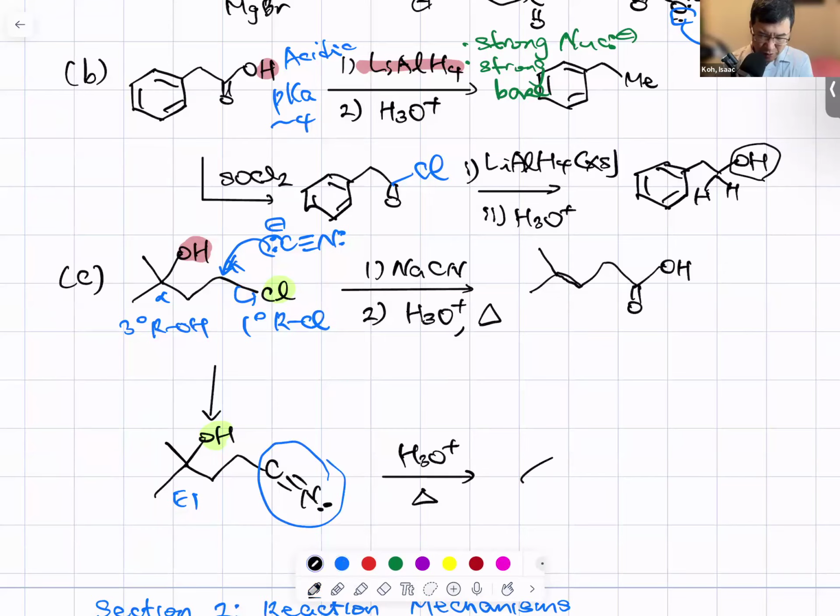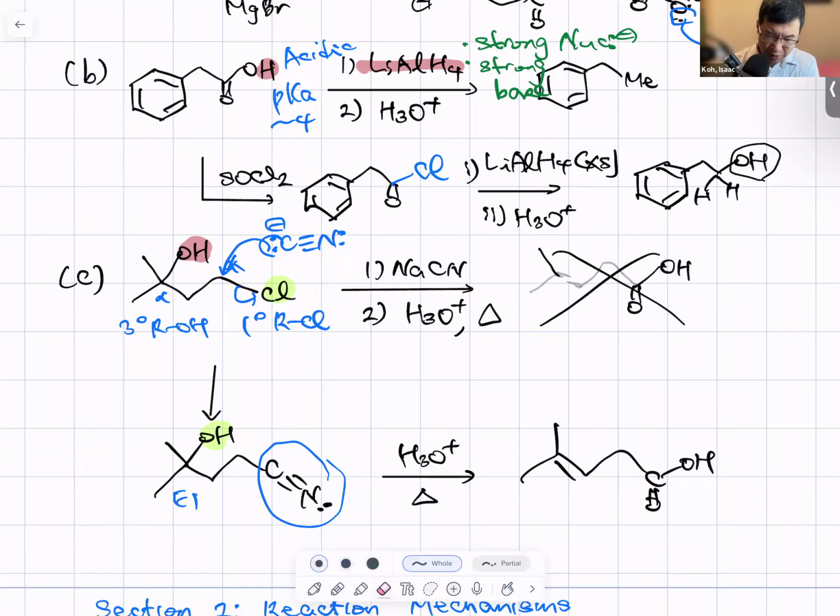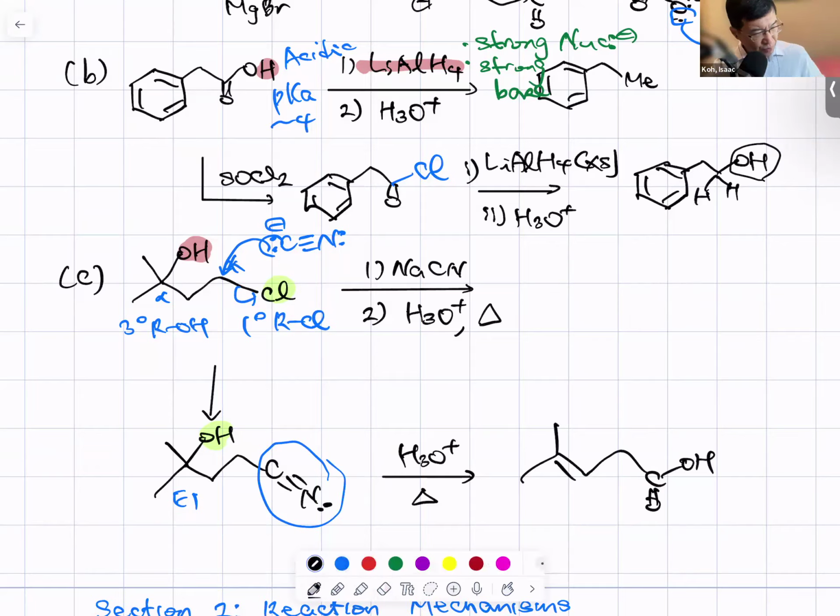So both, this one into carboxylic acid, and this is turned into a double bond. So we cannot have the desired product. Here it says we want to keep the alcohol, but only convert this one into carboxylic acid.